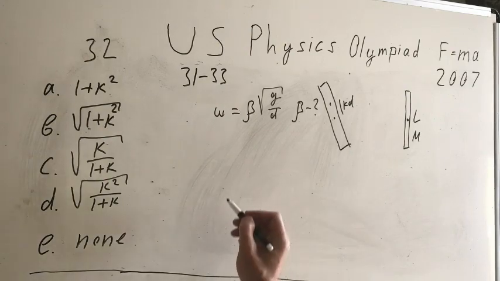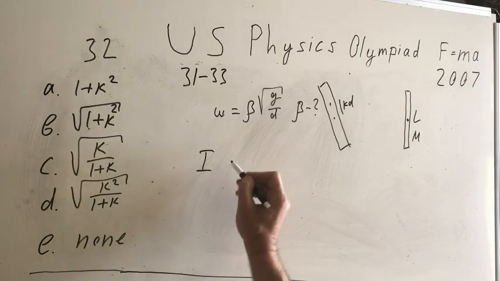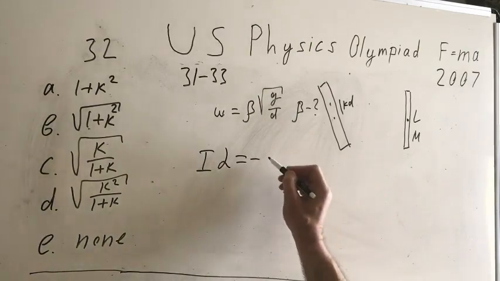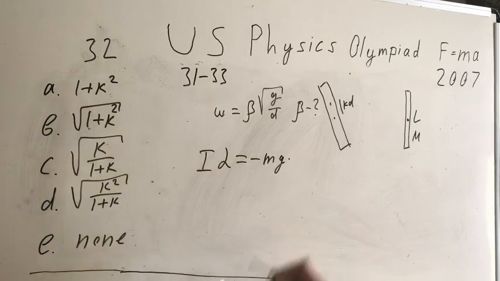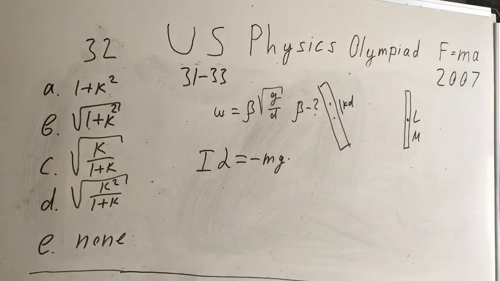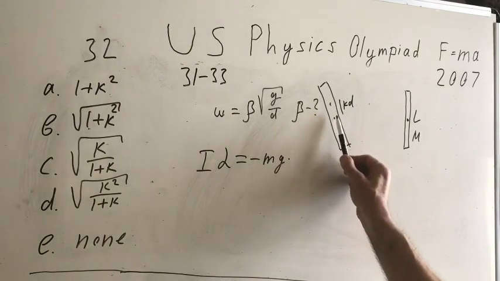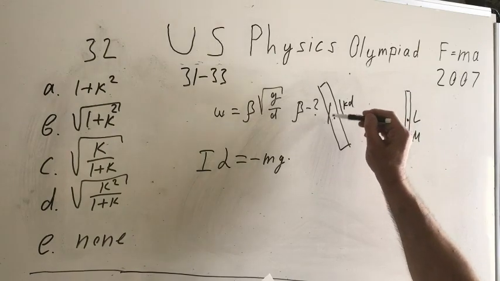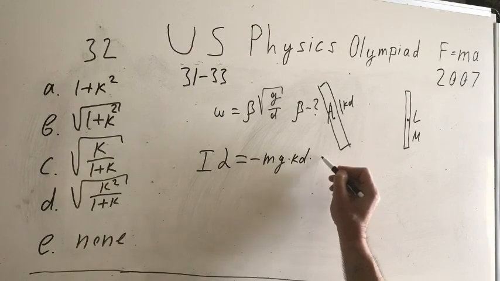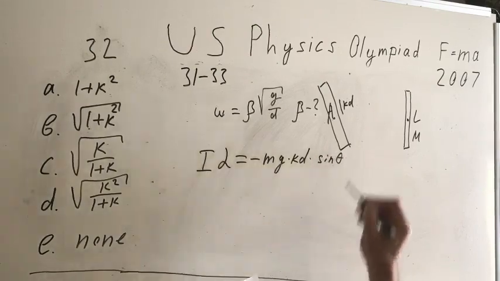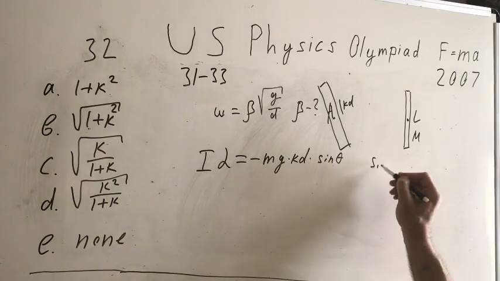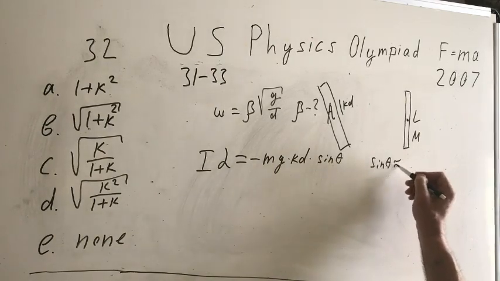For rotation we have the formula I alpha equals negative force, which is mg, multiplied by lever arm, which is kd multiplied by sine theta. For small oscillations we assume that sine theta is approximately equal to theta.